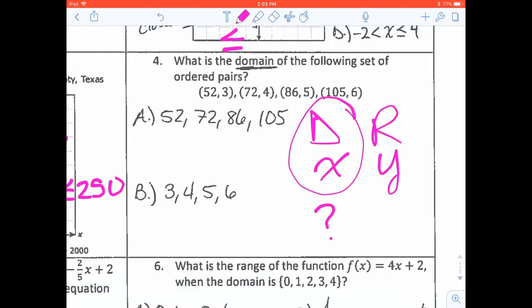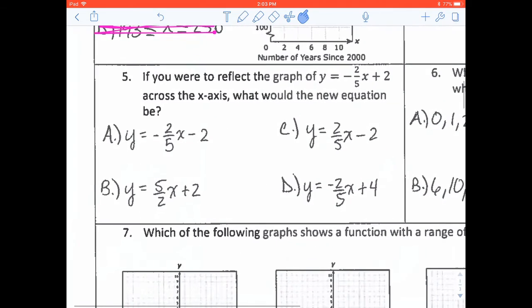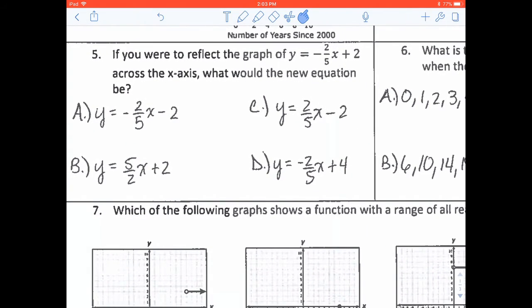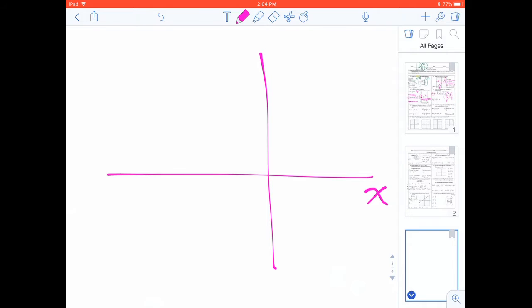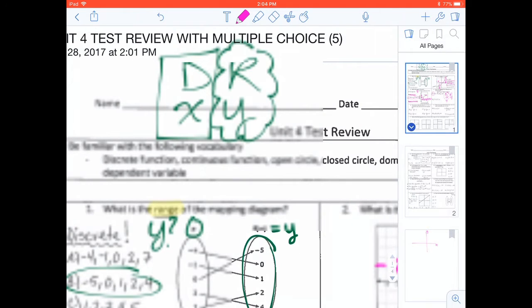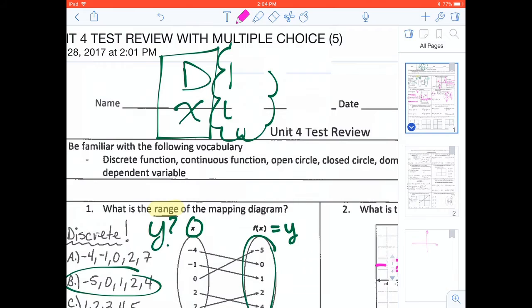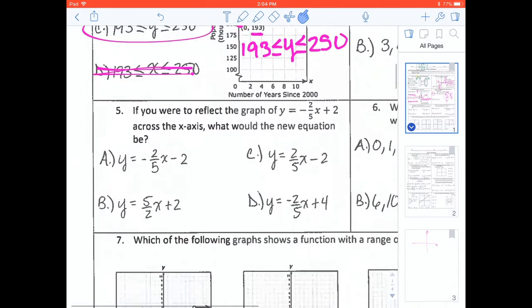Question 5. If you were to reflect this y equals -2/5 x plus 2 across the x-axis, what would the new equation be? I'm not able to pull up my graphing calculator here, but I'll give you a visual on what this looks like. So here is a coordinate grid. And if I look at the equation, -2/5 x plus 2, that means it has a negative slope, and it crosses at +2.